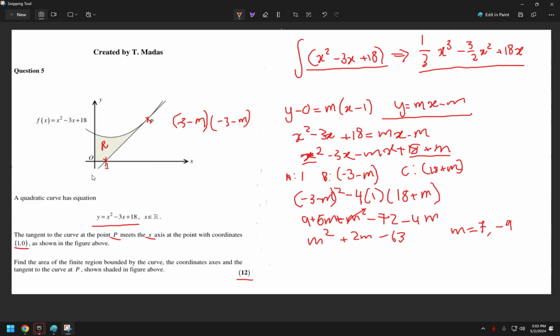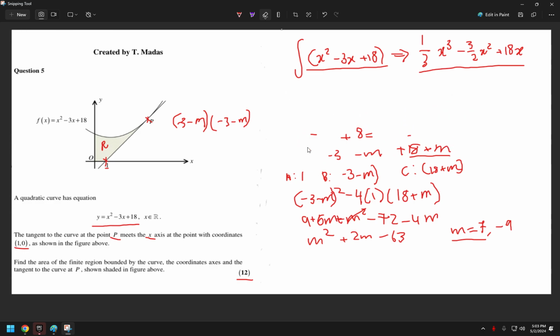But as you can see, the gradient of this line is going upwards. If it was negative 9, the line would be sloping downwards. So we use that our gradient m is 7. That's how you solve for the gradient if you are not given the point P where the curve meets the tangent.